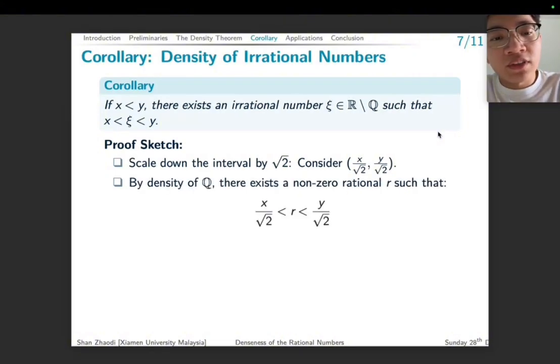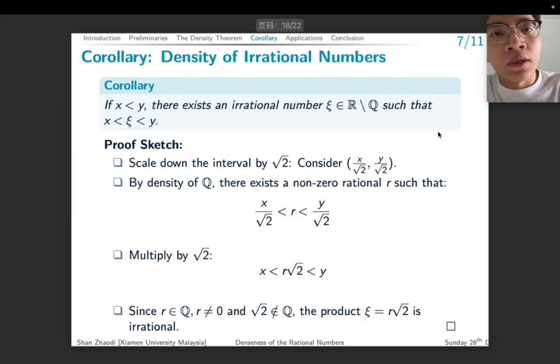By our previous theorem, there must be a non-zero rational number r in this new interval. Then multiply everything by the square root of 2. We get r times the square root of 2 is larger than x, but smaller than y. Since the product of a nonzero rational r and an irrational number is irrational, psi equals r times the square root of 2 is the number we are looking for.